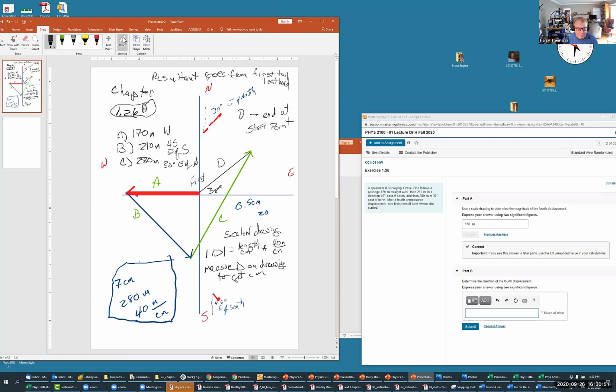Let's see. We know this is 45. So if vector B is 210, then this length here is 210 times cosine of 45.